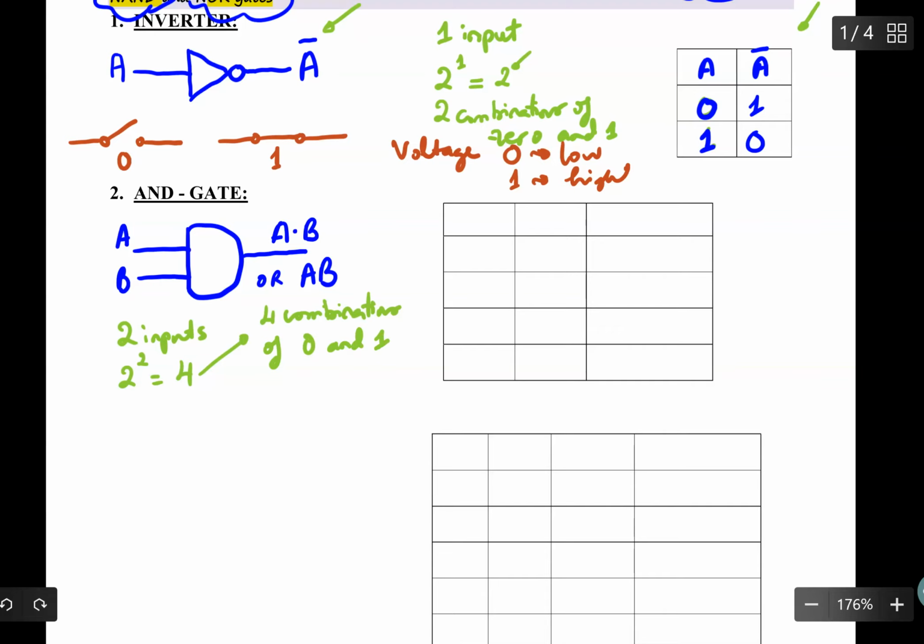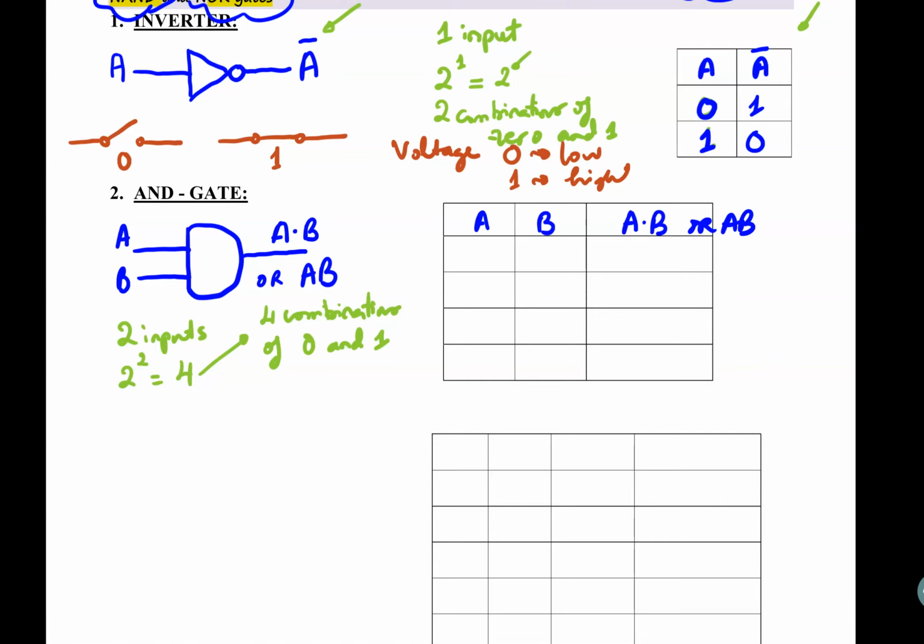The truth table will start with A, then B as the inputs. The last column is the output, which is A dot B or AB. To write the combinations of 0 and 1, you should start with 0. So in this case, I should have 0, 0, 1, 1 for A, and 0, 1, 0, 1 for B.